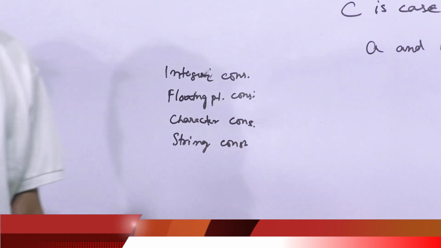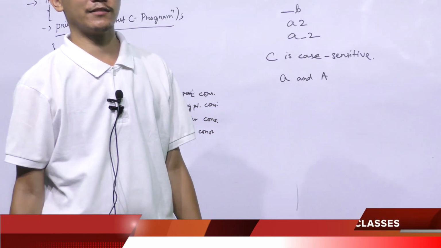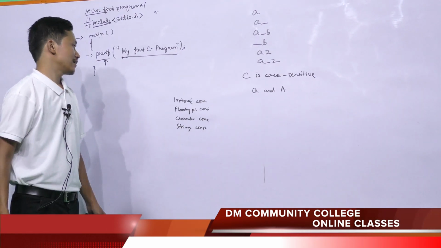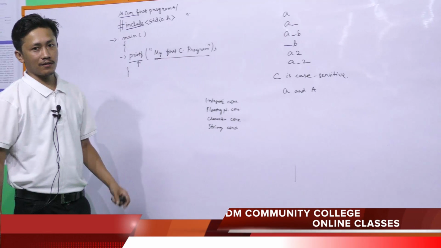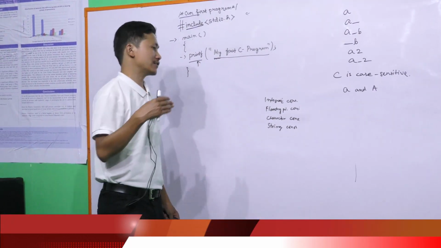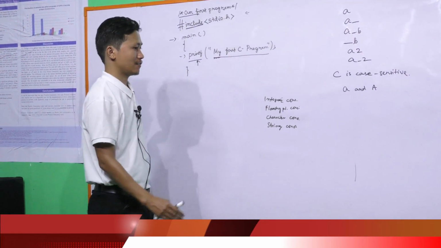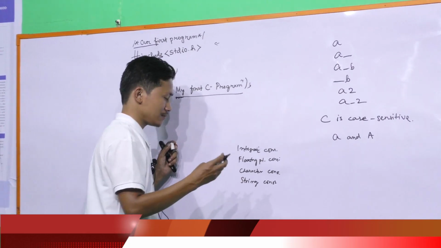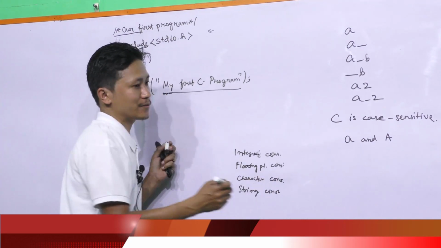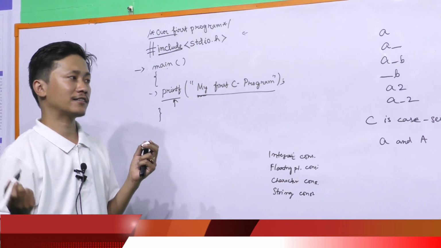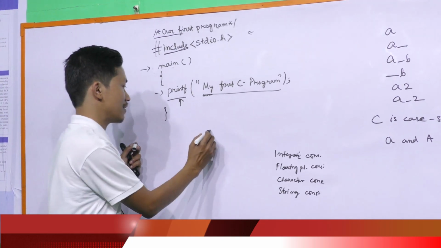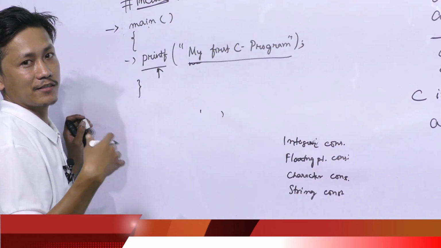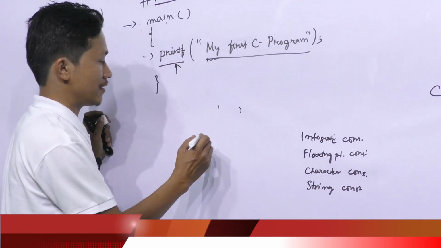Integer constants are decimal, hexadecimal or octal numbers that represent integral quantities. Floating point constants are those quantities that represent real numbers or exponential numbers. Character constants represent a single character enclosed by single apostrophes, and string constants represent a set of characters enclosed by double quotes.